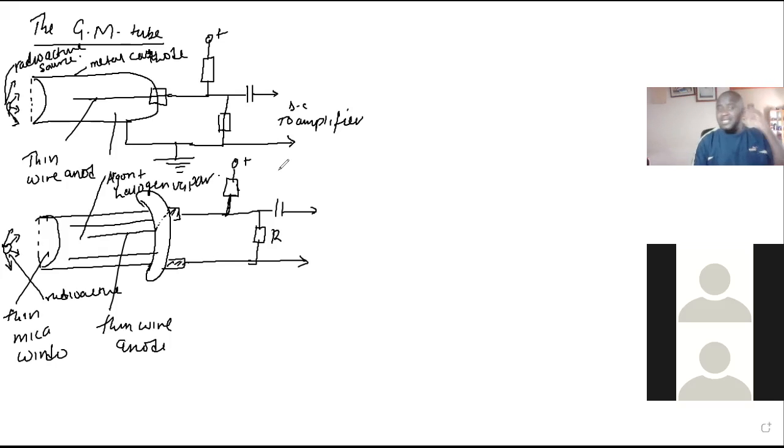So that is how the Geiger tube looks like. If that is how the Geiger tube looks like, now we need to understand how it operates. Of course, this part is the same as the one up there. And we all know that this is a capacitor, not a battery, but a capacitor.